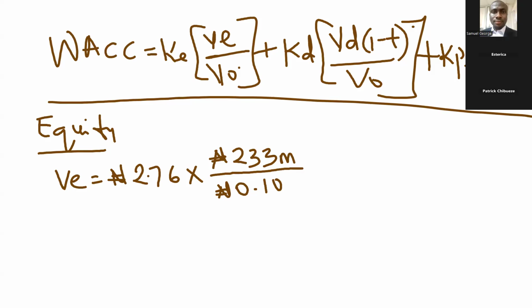I will say if total earnings is 500 million naira and earnings per share is 10 naira, how do I get my number of shares? Very simple. It is total earnings, 500 million, divided by 10 naira.